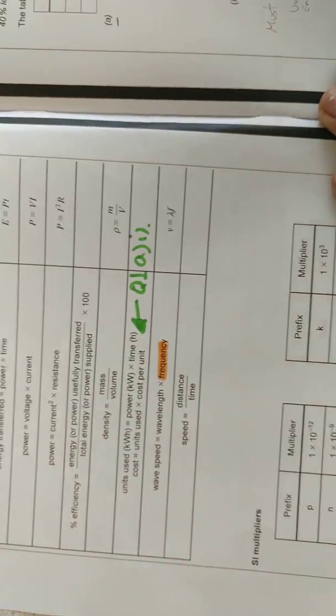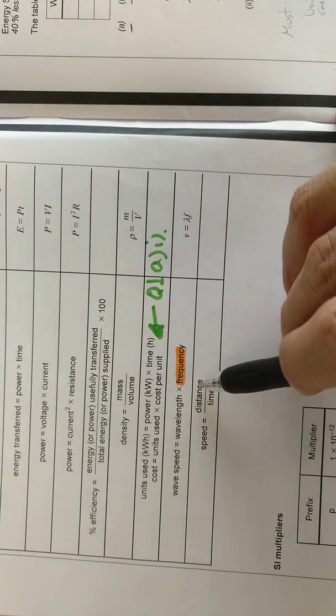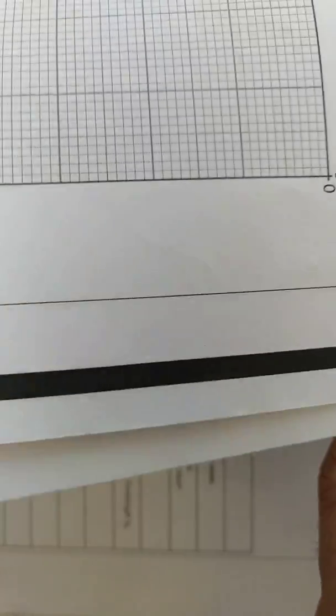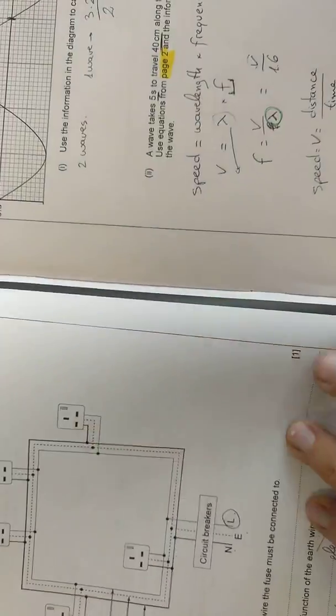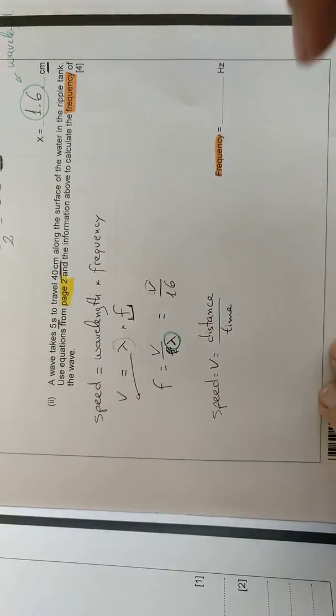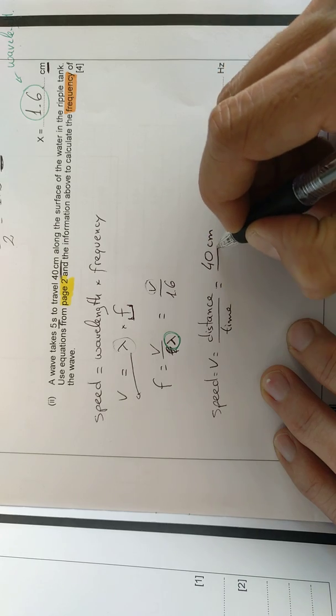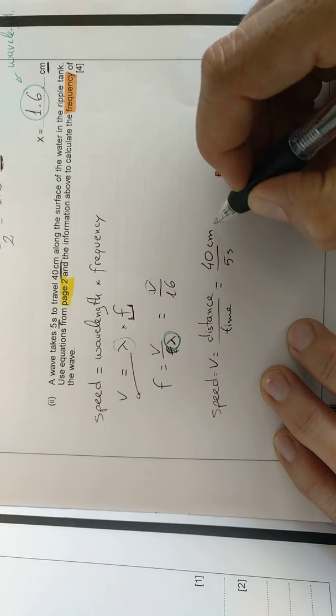If you don't remember this equation, don't worry, you have it here. Speed is distance over time. And here we have 40 centimeters divided by 5 seconds.